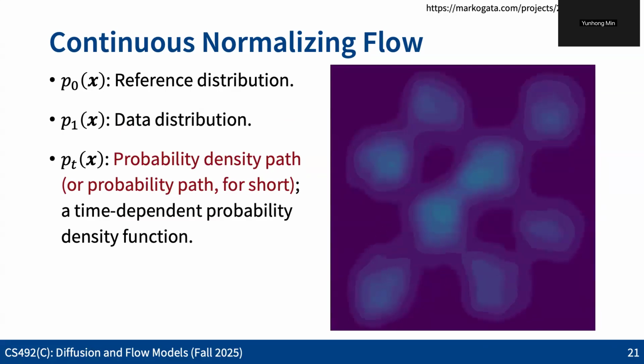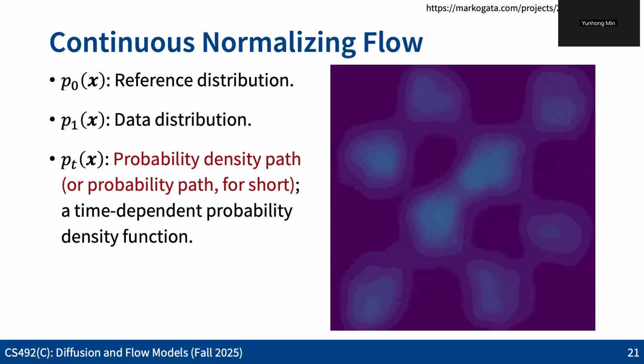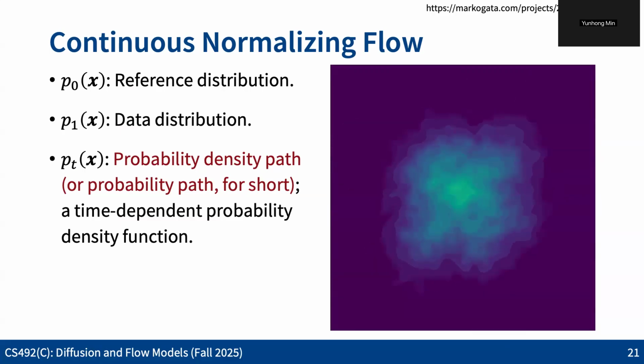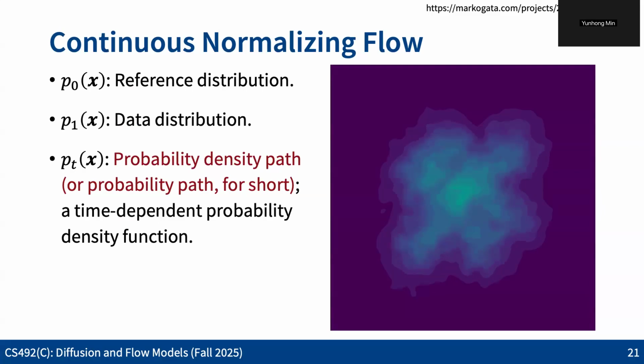Do you remember how we defined this? How did we define it for the score-based model in the Langevin dynamics? What we have seen is having a Gaussian convolution for every single data point, the samples of the data distribution, right?